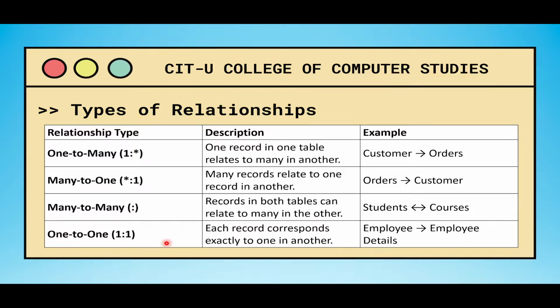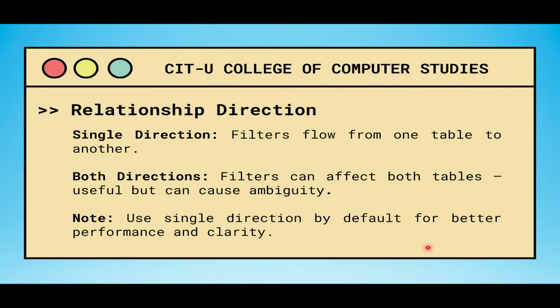And then we have one to one. So each record corresponds exactly to one in another. So one employee has exactly one employee detail, or details rather. So it's 1:1. So for relationship direction, we have the single direction. So filters flow from one table to another.